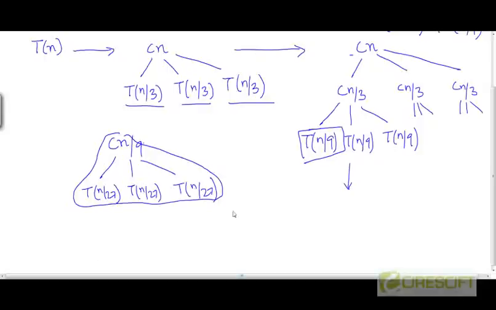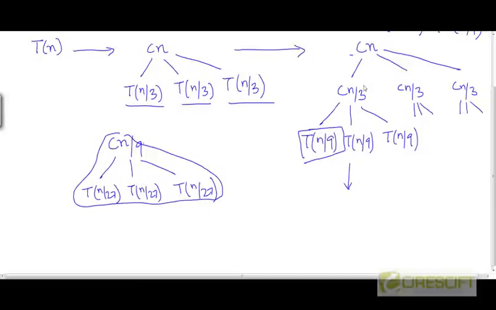So if we keep doing this, if we keep opening up the values of T on smaller and smaller subproblems until we hit subproblems of size 1, that is where we'll stop.